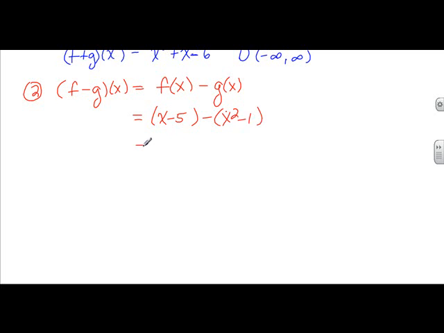So we're looking at x minus 5 minus x squared plus 1. Careful with your signs. Then I would write that in descending order and get negative x squared, or the opposite of x squared, plus x minus 4. The domain of that function is also all real numbers.